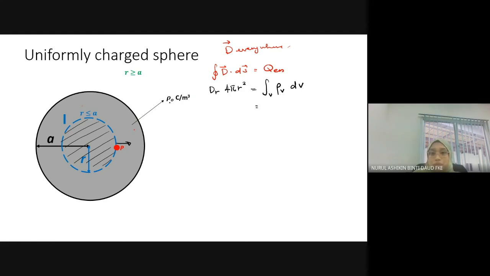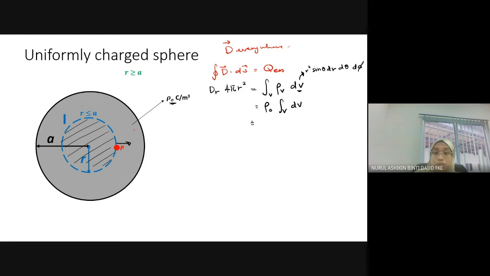Rho V is the value of the charge density, so it is rho dV, and dV based on our sphere shape is r squared sine theta dr d theta d phi.